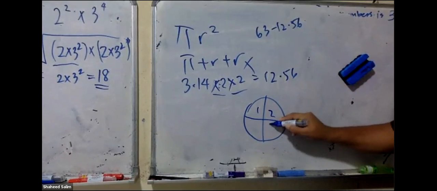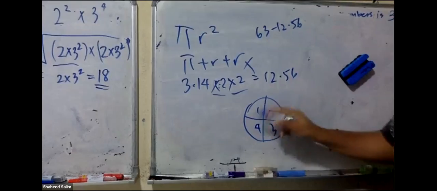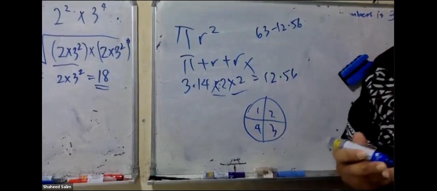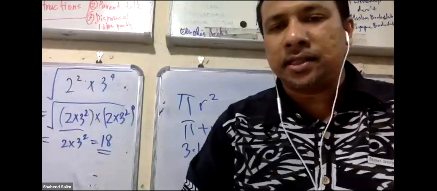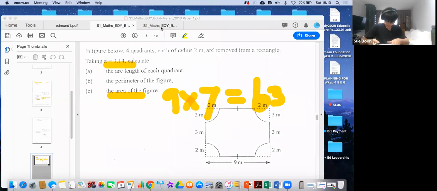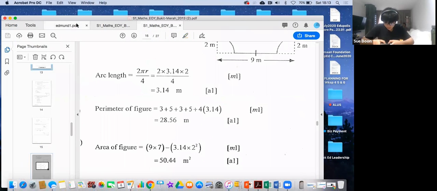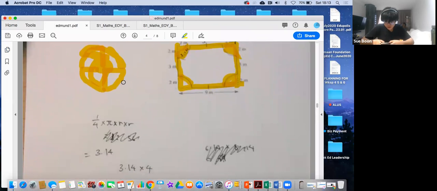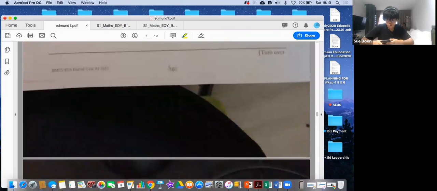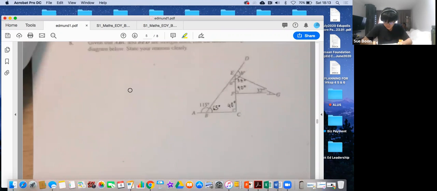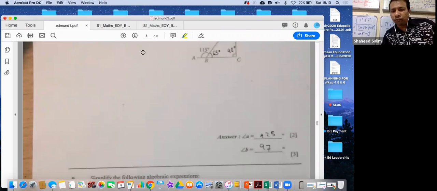There's 1, 2, 3, 4 quarters. So it's 1 circle. You don't need to times 4. Okay. So what's your answer? Final answer is how much? 50.44 is correct.